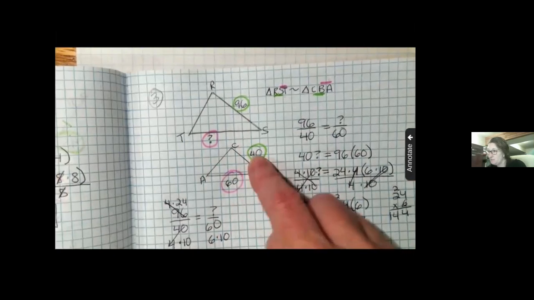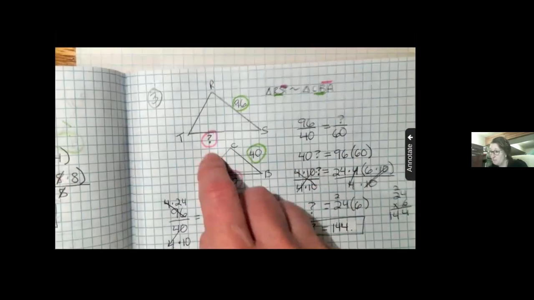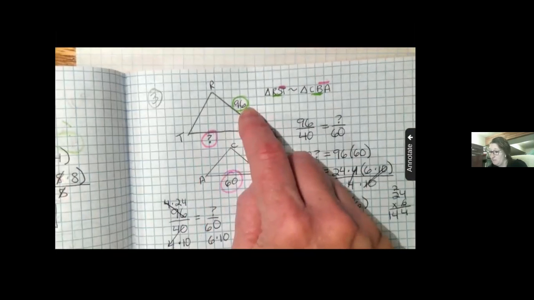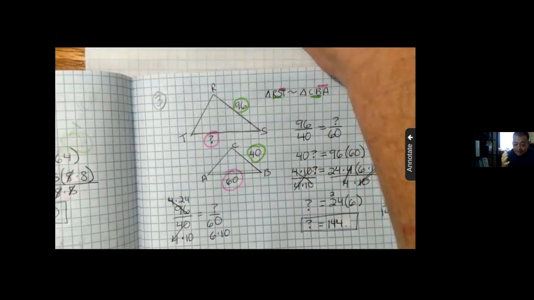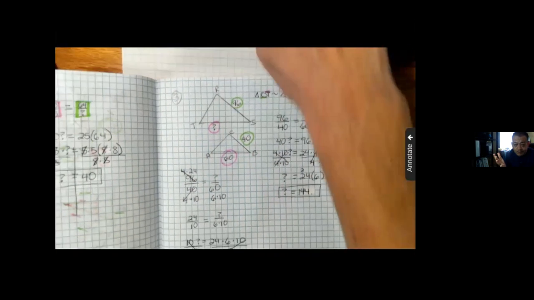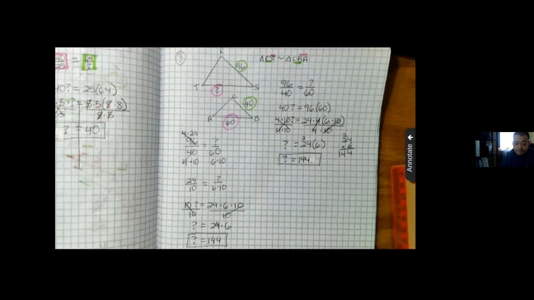So the ratio, I know that this side has to be bigger than this side. So this side better be bigger than 96. If it's not, then I did something wrong. Yeah, you kind of have to look at the answer you got and see if it makes sense. If you get a small number, like let's say 20, can that be 20 if the other one, the green one, is 96?